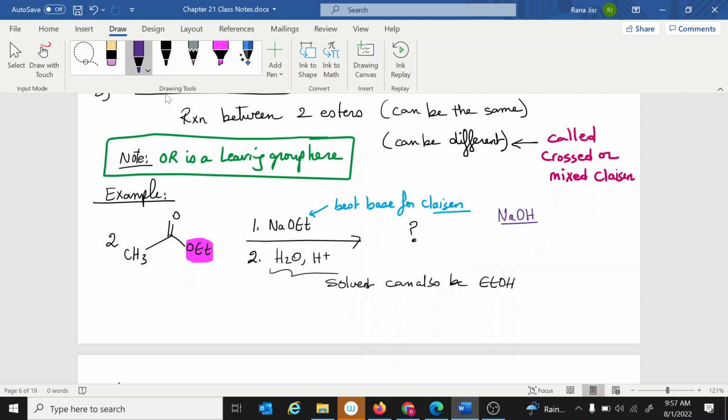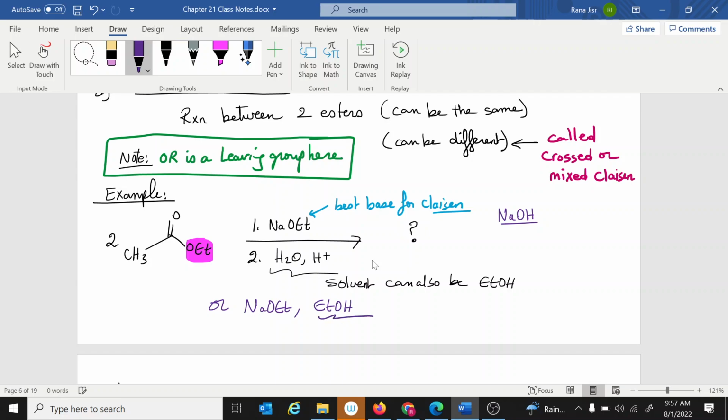The reaction goes by either two steps or one step. It really depends. Every time you add a base, you need to add a solvent. Now, the solvent can be either H3O+, which is water in presence of an acid, or instead, if you don't want to use H3O+, you can do NaO ethyl in presence of ethanol.